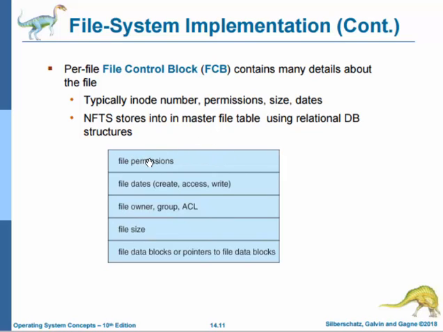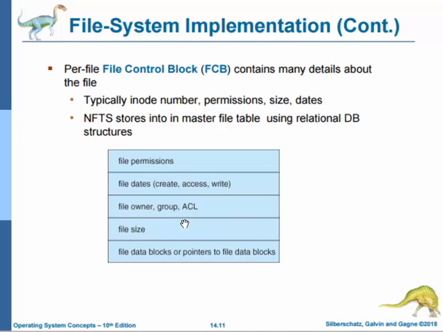The in-memory information is used for both file system management and performance improvement via caching. The data are loaded at mount time, updated during file system operations, and discarded at dismount. Several types of structures may be included.